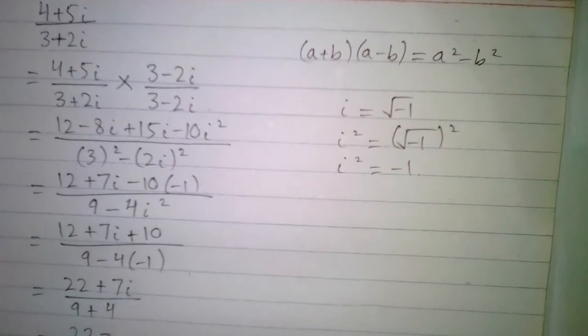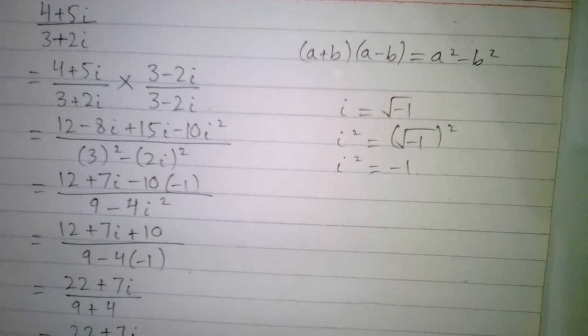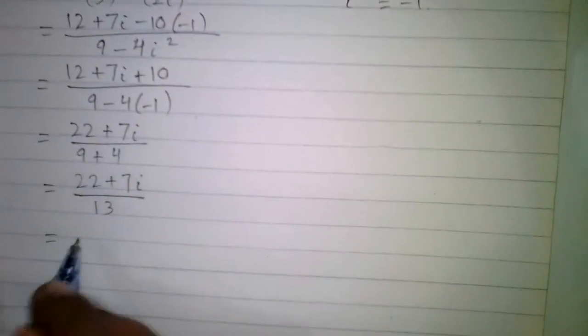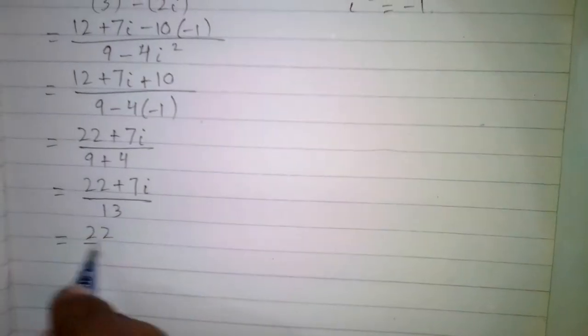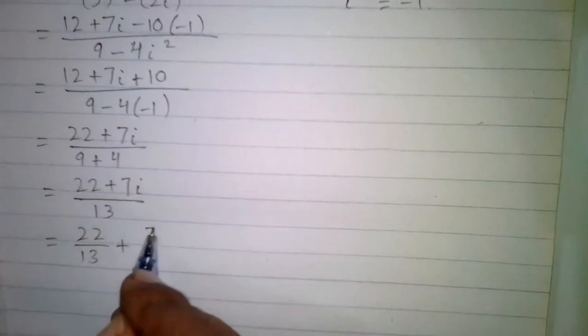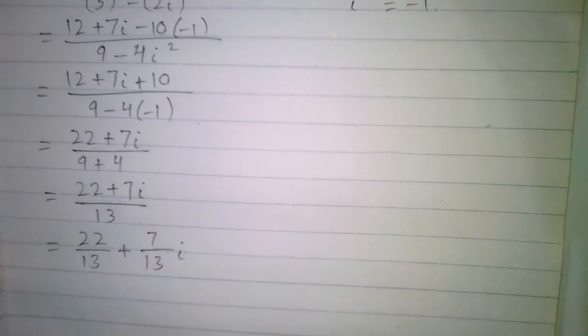Now we have 22 plus 7 iota upon 9 plus 4 is 13, and now we can write this as 22 upon 13 plus 7 upon 13 iota.